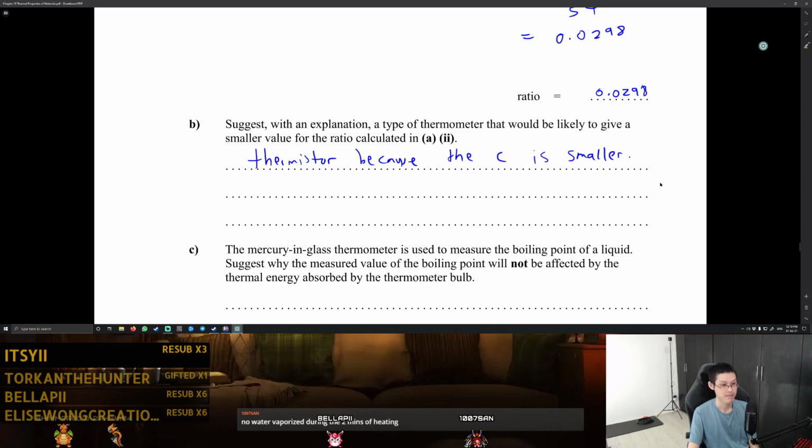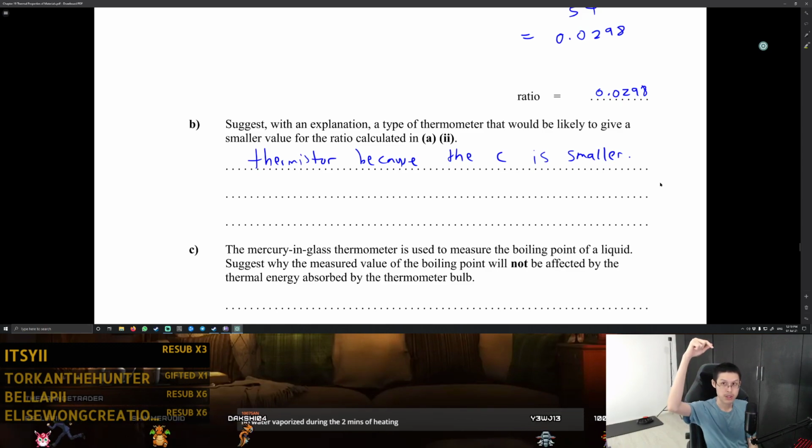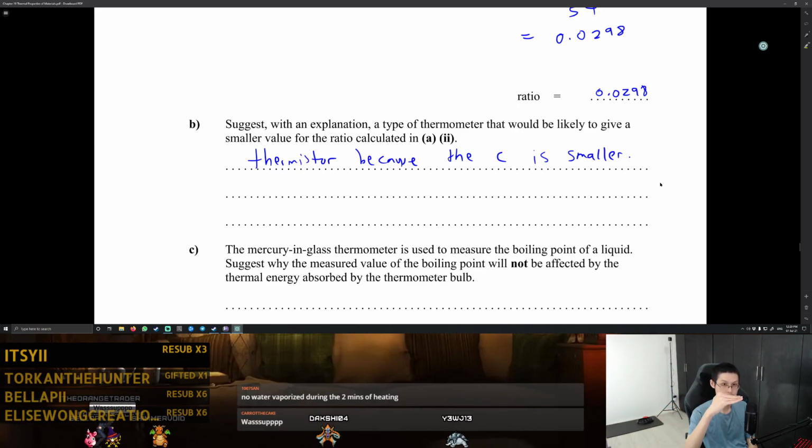So the way you make sense of this is, let's say I boil the water. It goes from 90, 95, it's not boiling yet. And then when it goes to 100 and it starts to boil, you put in your thermometer. What happens when you put in your thermometer? The temperature is going to drop to maybe 98.4.